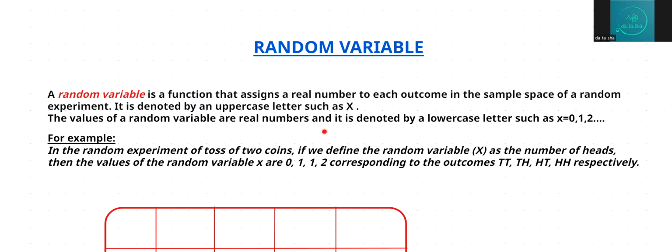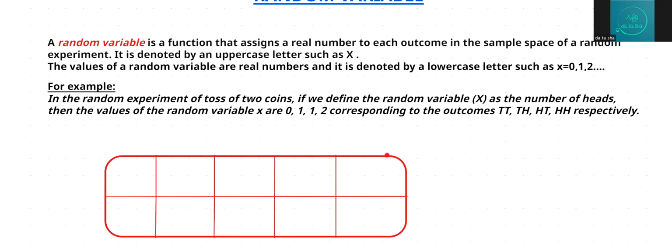For example, I'm taking a random experiment of tossing two coins, and in this, I will define the random variable capital X as the number of heads. So, if I'm tossing two coins, what would be the possibilities of the number of heads occurring?